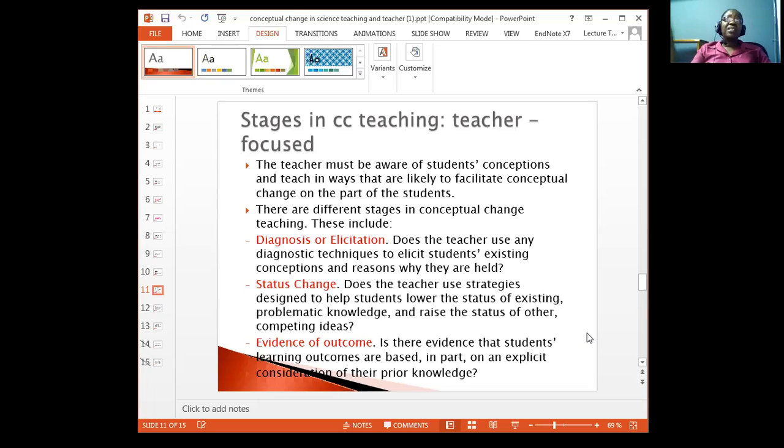Perhaps the strategies that we used were not sufficiently effective in helping students to see the necessity of embracing something that is more scientific and more accepted. And so we should go back and review. If most of the class has not understood that concept, I would think that it is something that we need to revisit and spend some more time looking at.